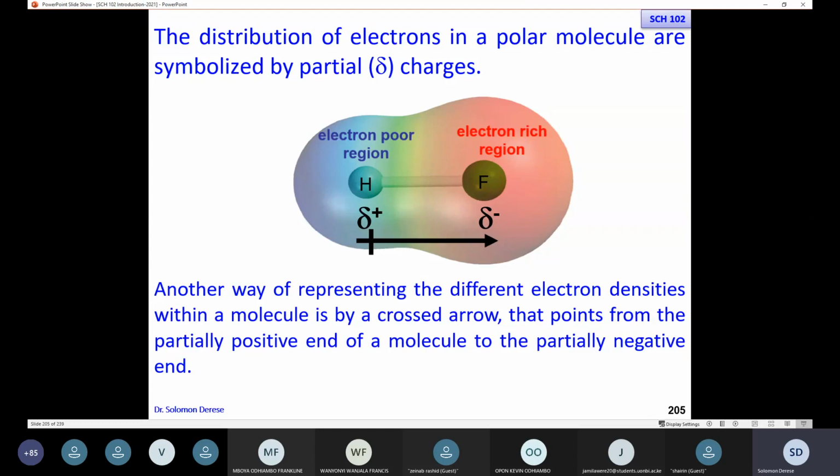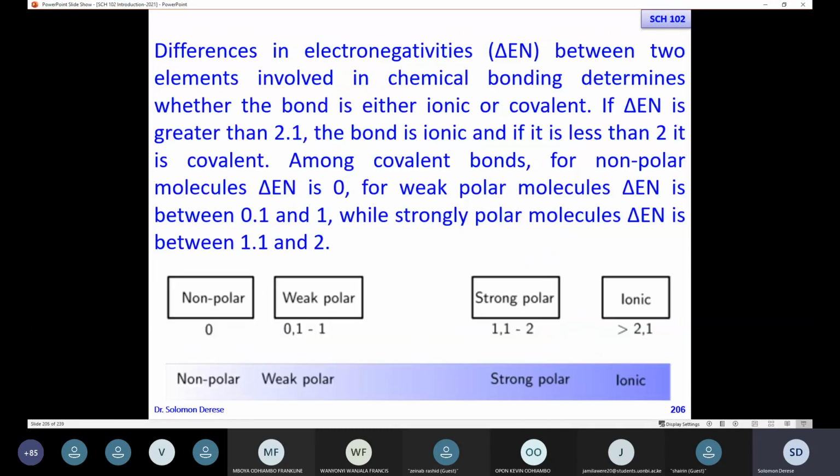So if the electronegativity difference between two elements is big, greater than 2.1, the chemical bond between the two elements is ionic. Other than that, the chemical bond will be covalent. The difference will not be significant for one of the atoms to take away the electrons.